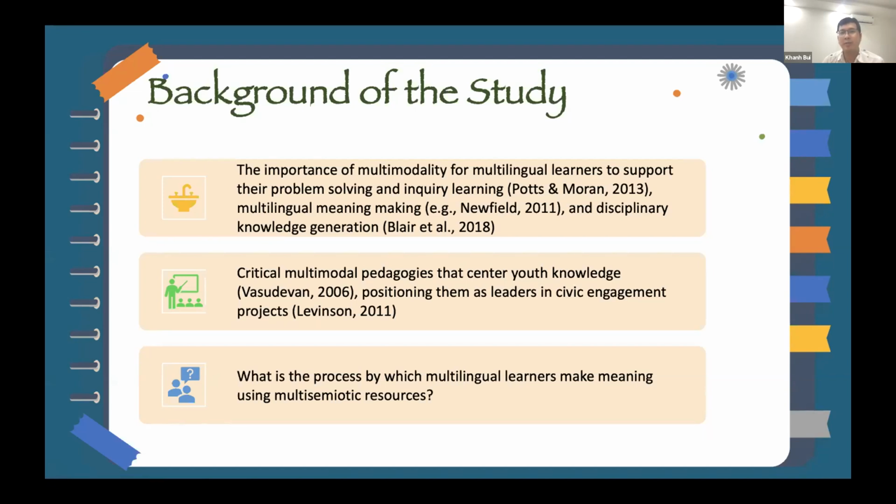Multi-semiotic resources here refer to, for example, gestures, body embodiment, body movement, body postures, visual displays, artifacts, or even their first language. And how they can use those kinds of resources to make meaning, with different meaning potentials from different semiotic resources.